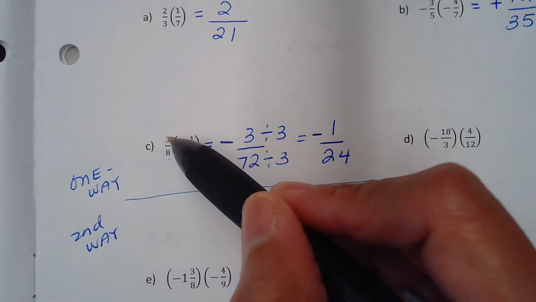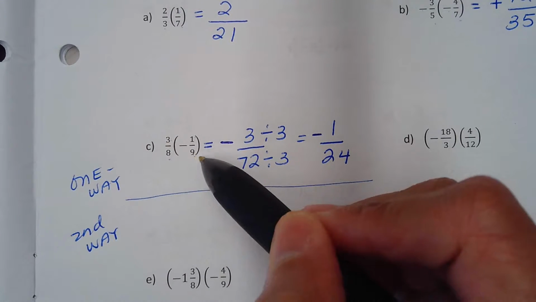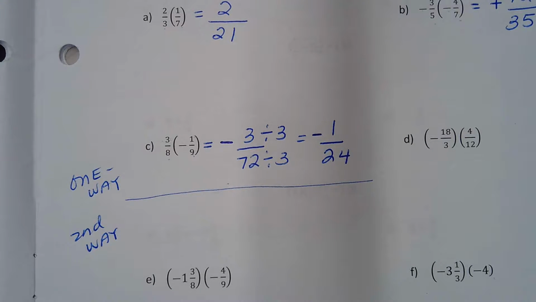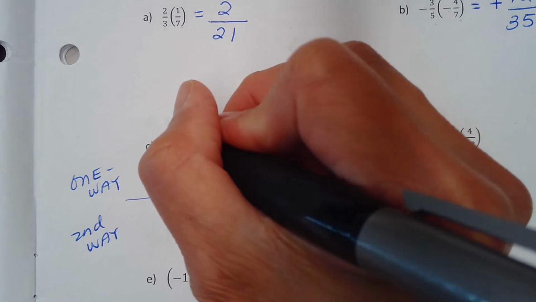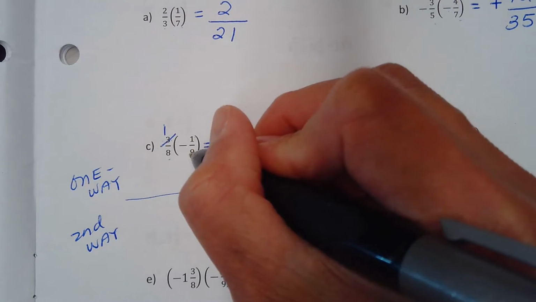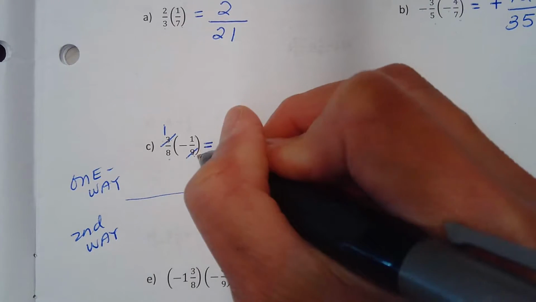So what about 3 and 9? Do they have a common factor? Yeah, we can take out a common factor of 3. So we can divide this by 3. How many 3's in here? 1. How many 3's in the 9? 3.